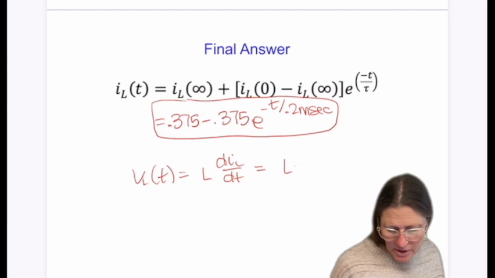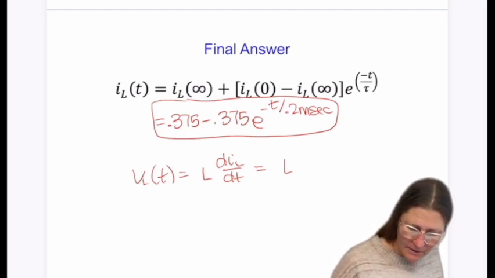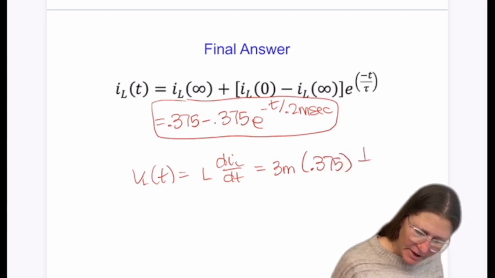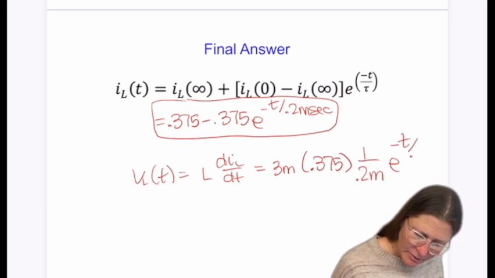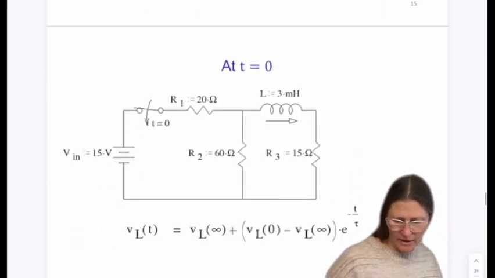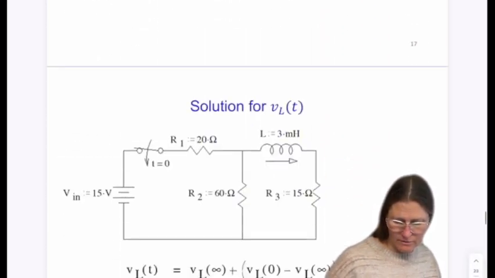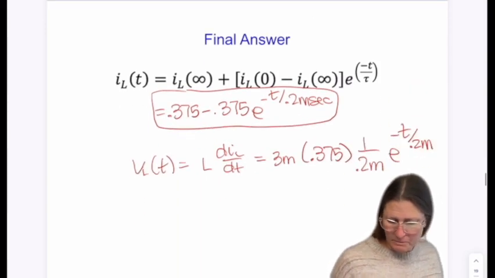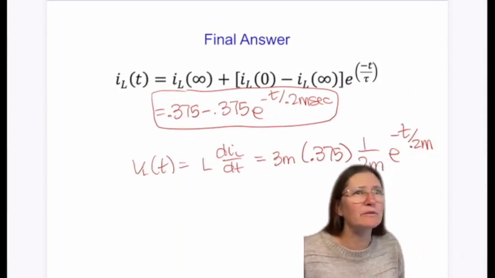So L, which was 3 milli, times 0.375 divided by 0.2 milli, e to the minus t over 0.2 milliseconds. I don't think I have the end value there, but whatever that value is, that will be your voltage.